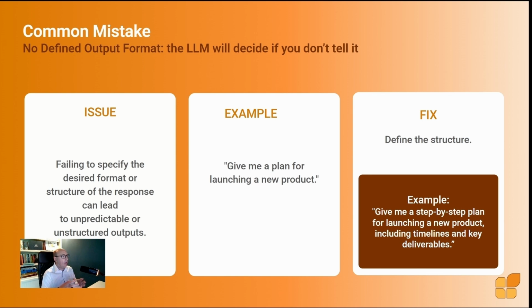And then we get into outputs. If you don't define the output, you'll just get whatever it decides to do. Typically a list of text, maybe some bullet points. So give me a plan for launching a new product. How do you want that plan? What are you going to do with it downstream? How do you want to consume it? So here, give me a step-by-step plan for launching a new product, including timelines and key deliverables. Gives a much better sense of the structure.